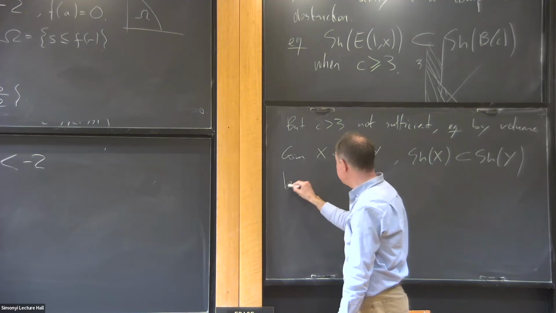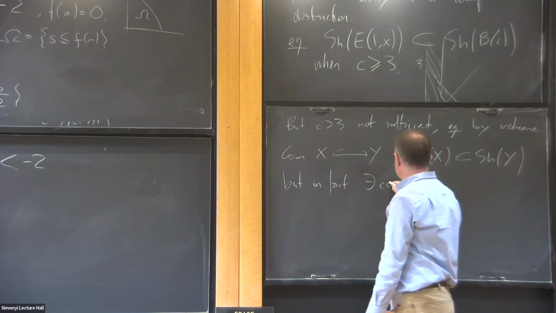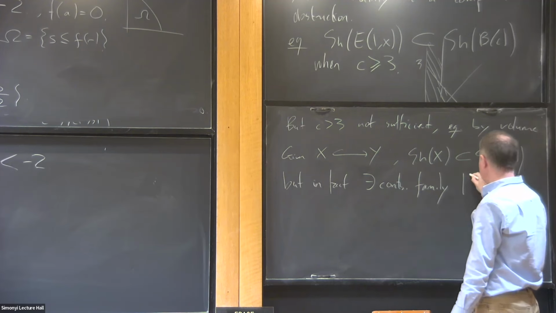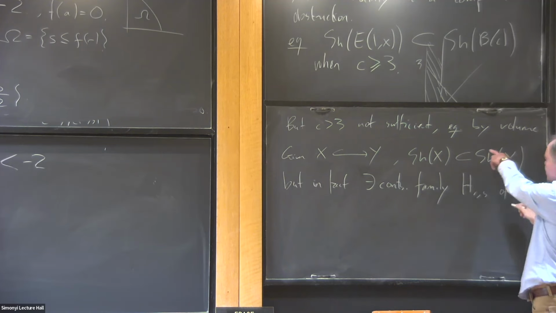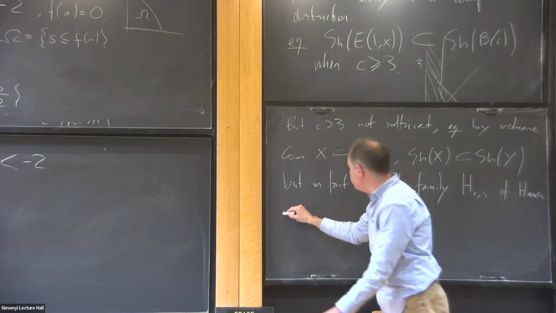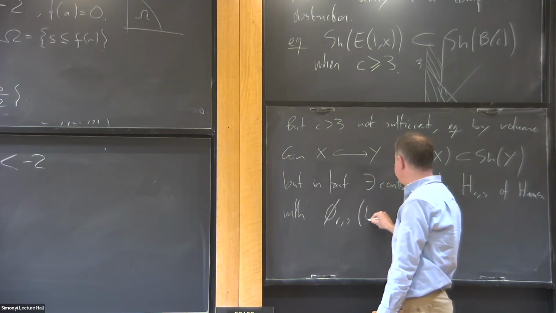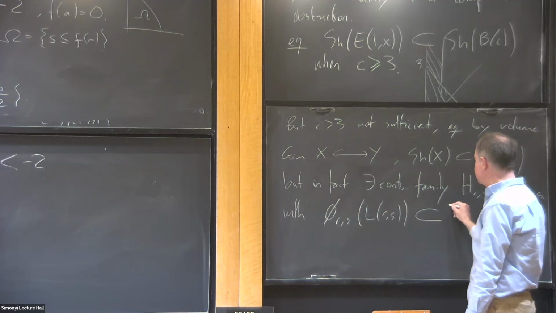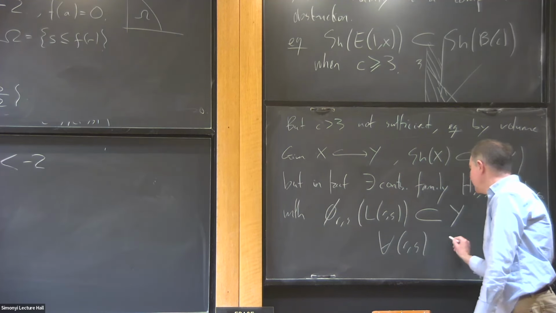In fact, there exists a continuous family H_r of Hamiltonians. These are all Hamiltonian embeddings. If you take the corresponding Hamiltonian diffeomorphism and apply it to L_r, then that is going to be contained in Y for all r.